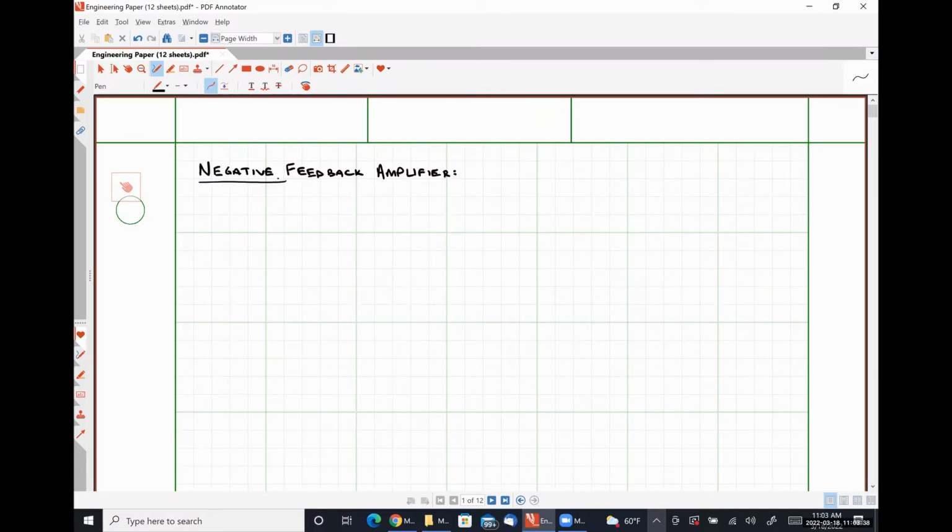So our circuit of interest will be this guy, where we have our op-amp circuit, and we are going to employ negative feedback. Let me put my power supply voltages here so I don't run into things.